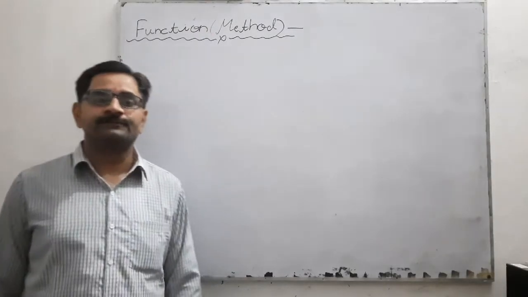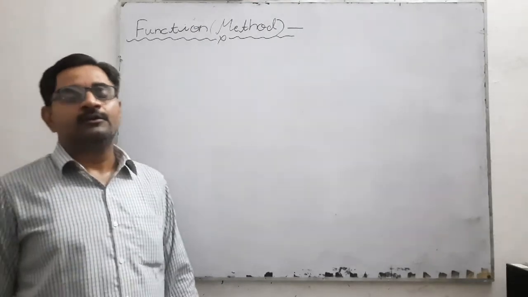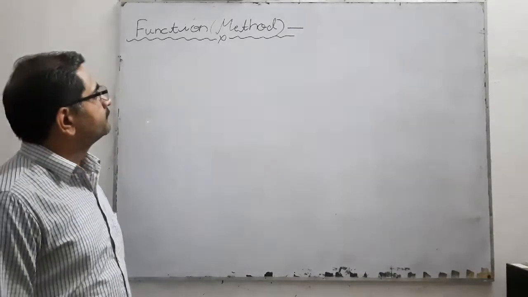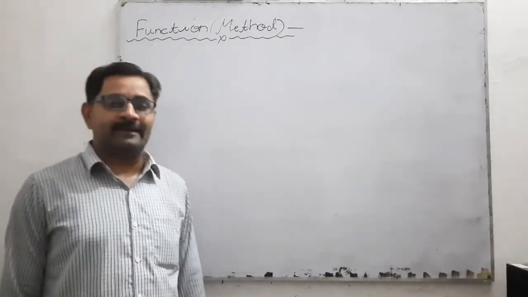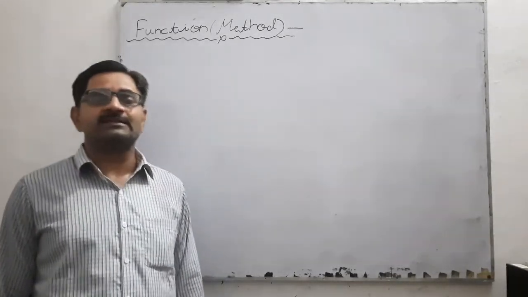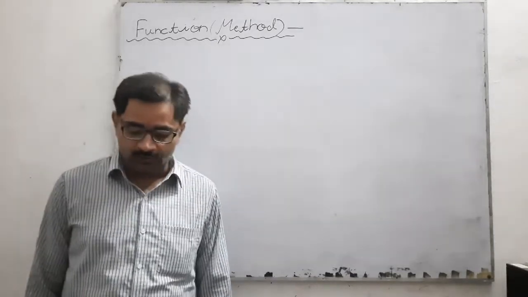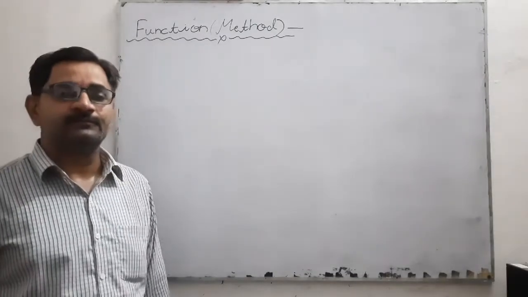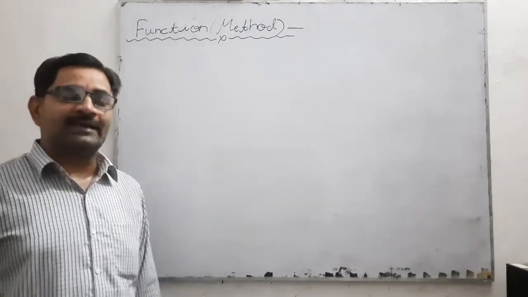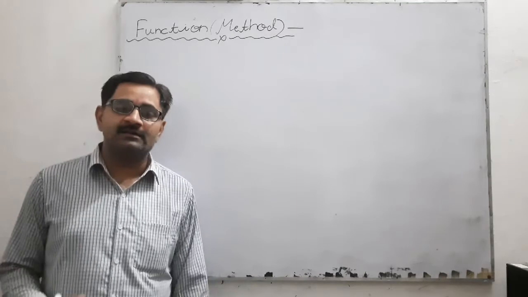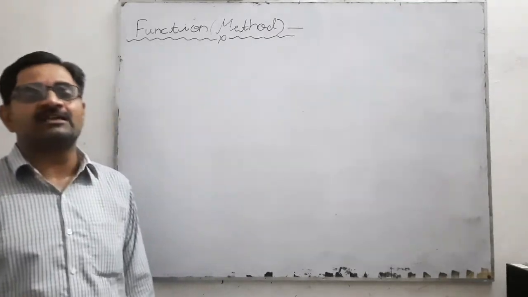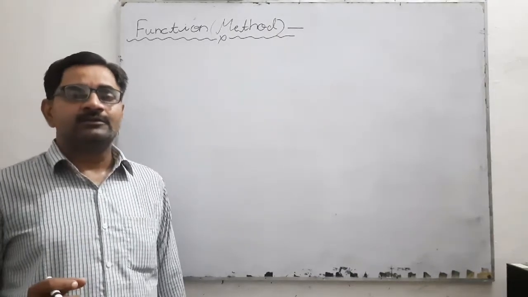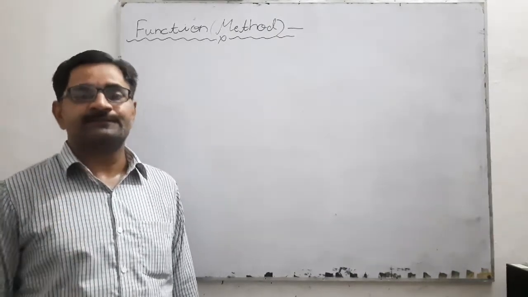Hello students, here you are going to start the topic functions or methods. Function is also known as method. So the first question is, what is a method or a function? We can say a method or a function is a set of instructions given for a particular purpose.